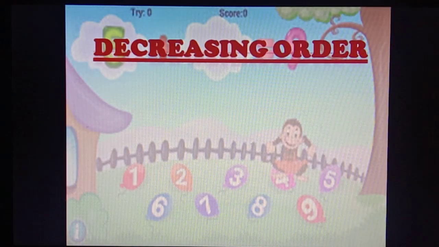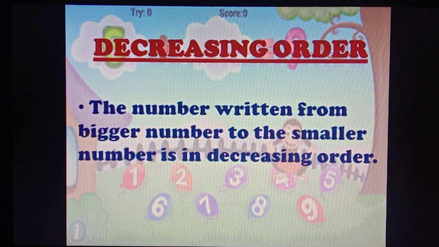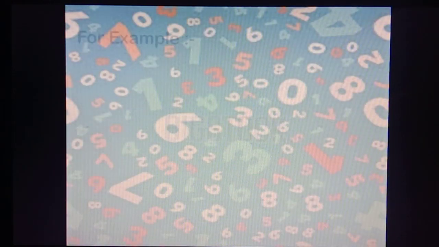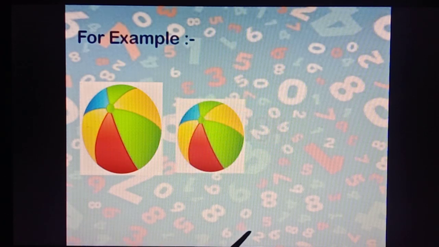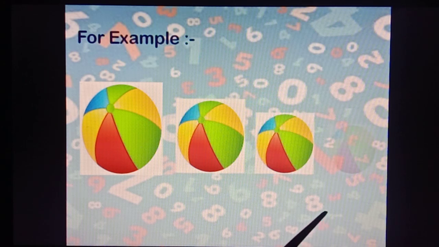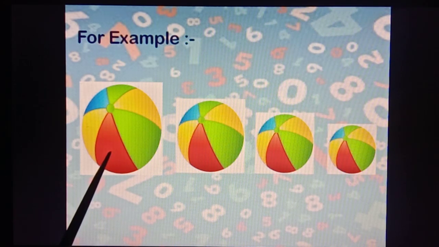Decreasing order: the number written from bigger number to the smaller number is in decreasing order. For example, there are 4 balls, 1, 2, 3 and 4. As you all can see, this is the biggest ball.